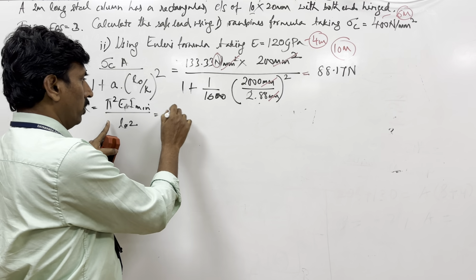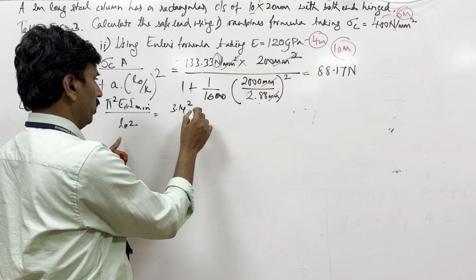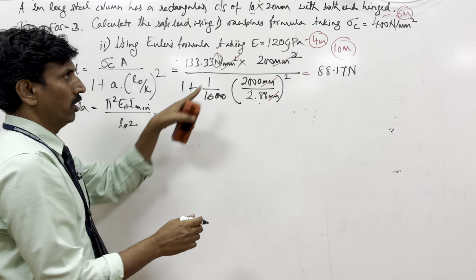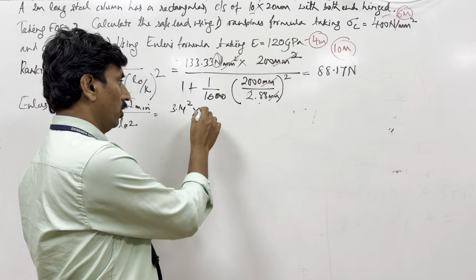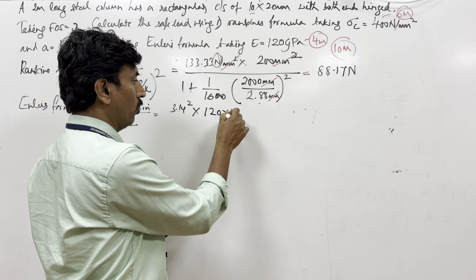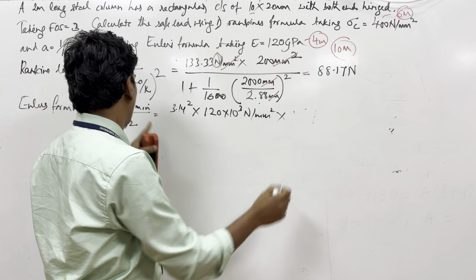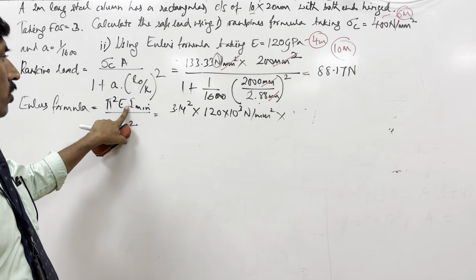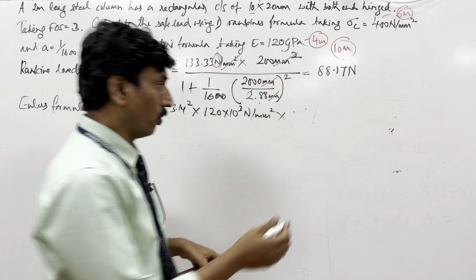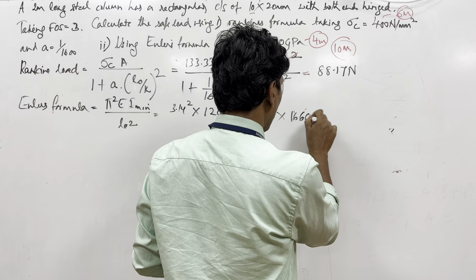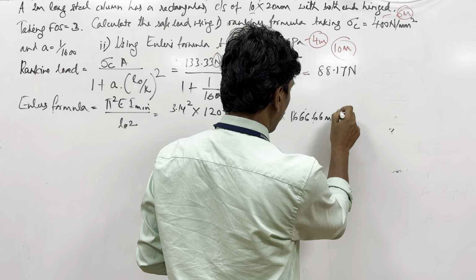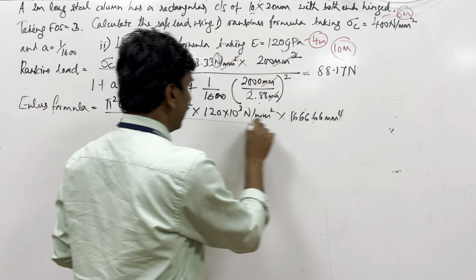So pi square, 3.1 square, multiplied by E. E is how much? 120 GPa. 120 GPa has to be written as 120 into 10 to the power of 3 Newton per mm square. And I. So I is how much, guys? I minimum, 1666.66 millimeter to the power of 4. Divide by LE square.